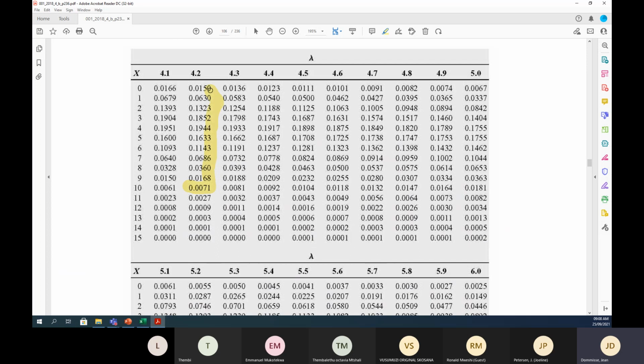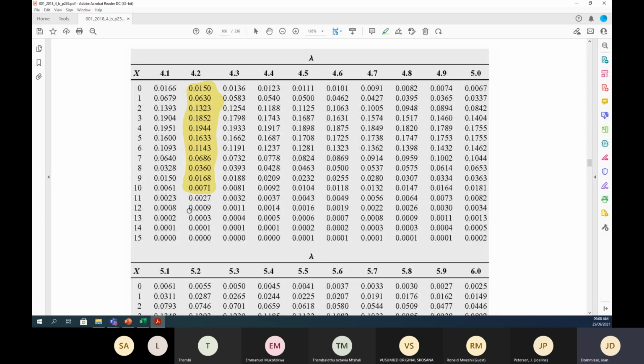Unfortunately here, we either add all of them together to get the answer, or we say 1 minus the rest. I would rather say 1 minus the rest, and let's hope that we then get to the right answer.